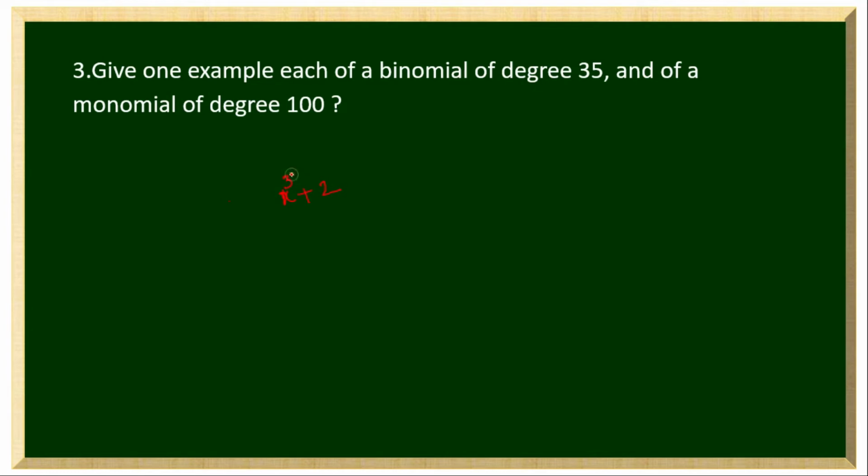So we can take the degree of x as 35. So it's a binomial of degree 35, right? We can take binomials like 35 plus x, and many more with the degree 35.